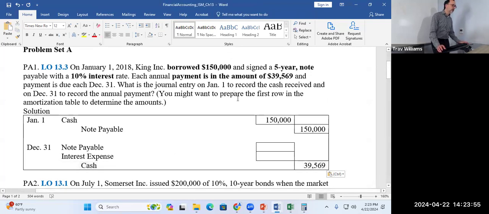So with what we know, how much of their first payment went to interest? You might not even need a calculator for this part. These are nice round numbers. How would we get the interest for year one?